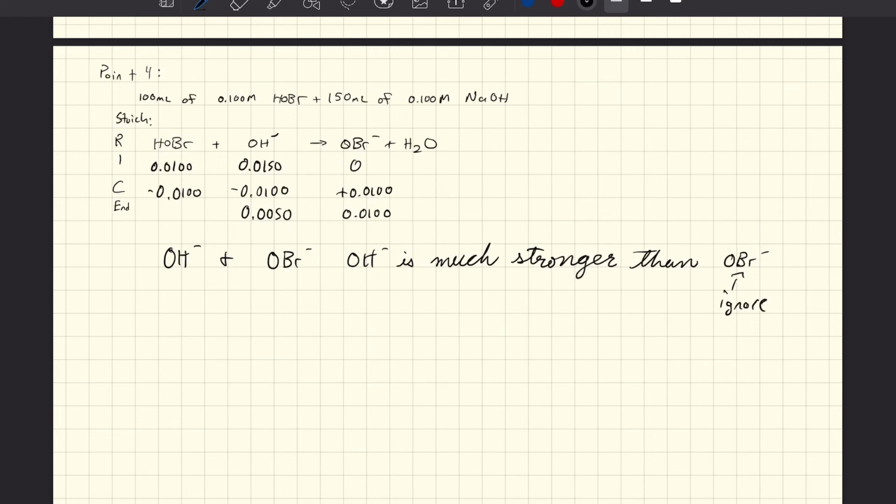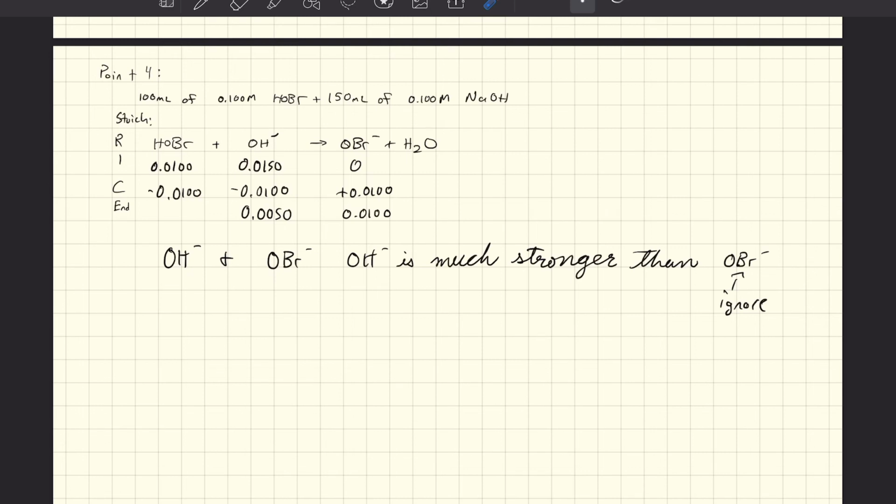If you want, you could prove it to yourself, and do OBr minus plus water makes OH minus plus HOBr. And when you calculate the concentration of OH minus generated in that, it will basically be so small compared to the 0.0050 moles of OH minus that we just kind of ignore it.